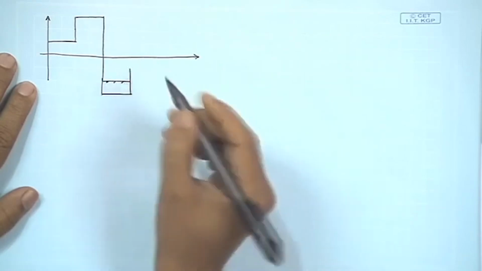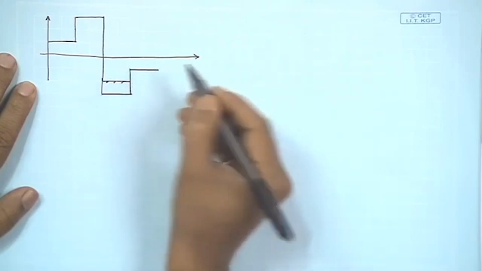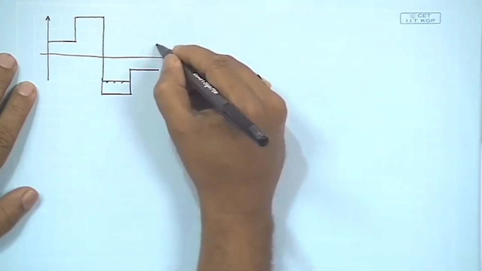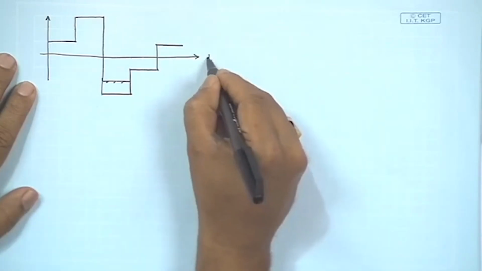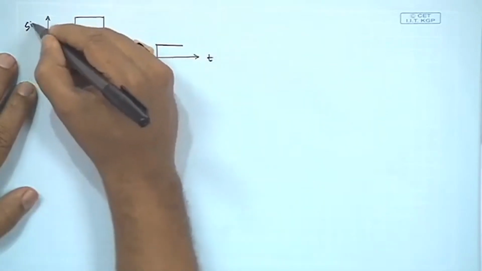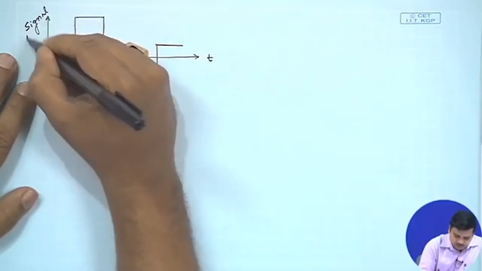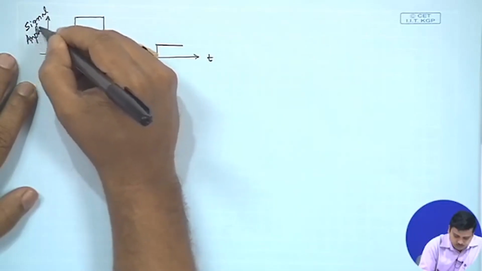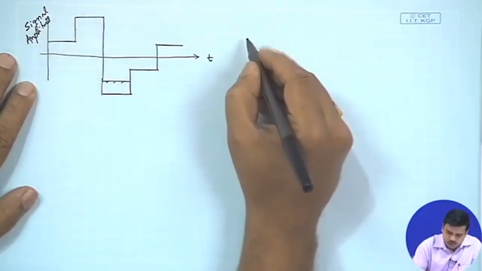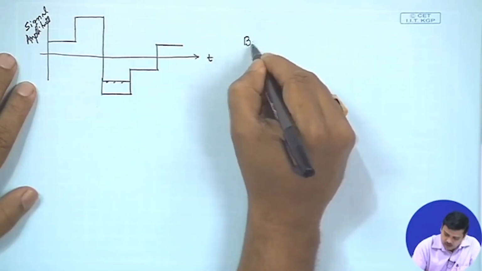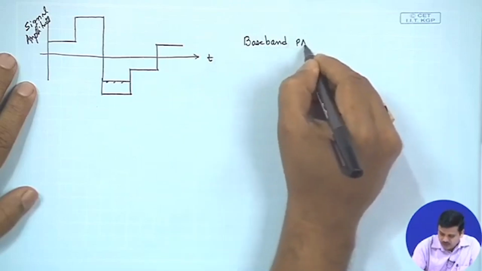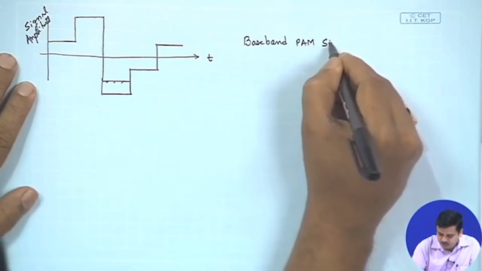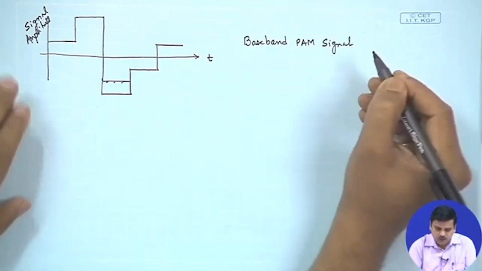Suppose we have a waveform which goes like this, and this is the direction of t, and this is the signal amplitude. So, this we would clearly call the baseband PAM signal, which you are now aware of.